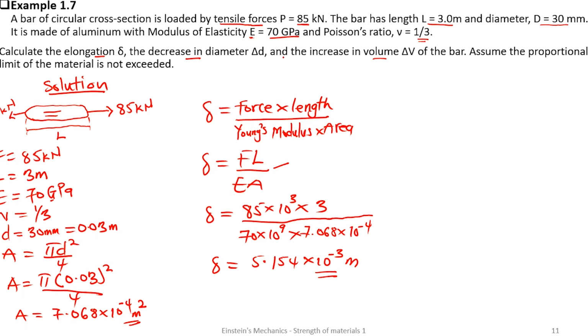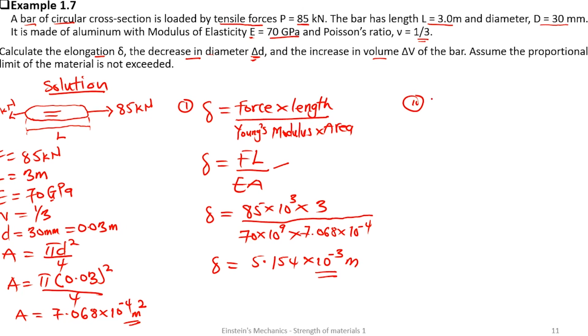Now let's look at this. The decrease in diameter, change in D. The decrease in diameter for the circular bar. Do you remember from Poisson's ratio?